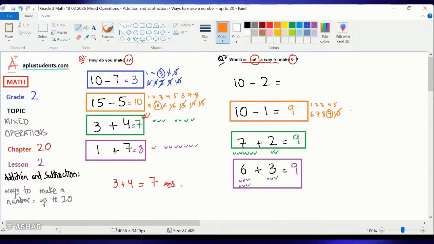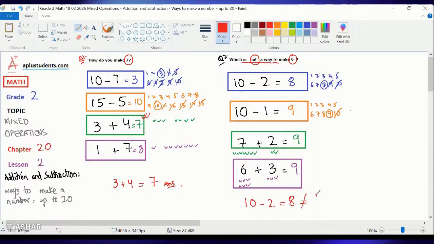But the first option that was given to us is 10 minus 2. 10 minus 2 would mean we write the numbers 1, 2, 3, 4, 5, 6, 7, 8, 9, and 10. If we subtract 2 numbers, we get 8 as the answer. That means 10 minus 2 is equal to 8, which is not equal to 9.